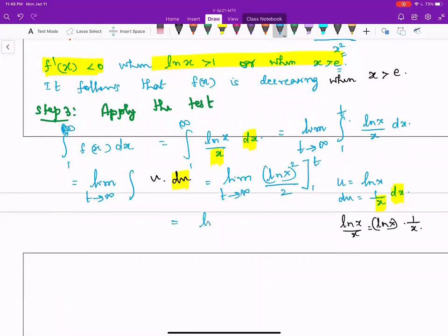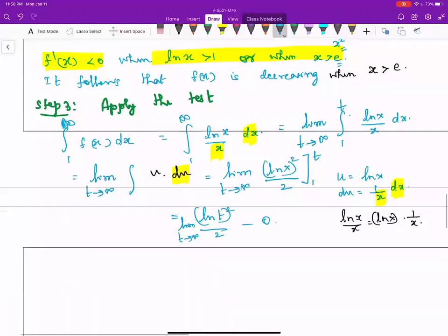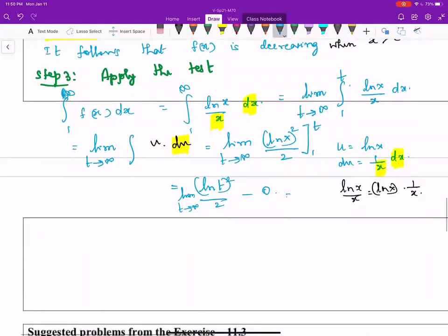So it implies ln of t the whole square over 2 with t approaching infinity, minus ln of 1 squared, which is 0. So this part becomes infinity.